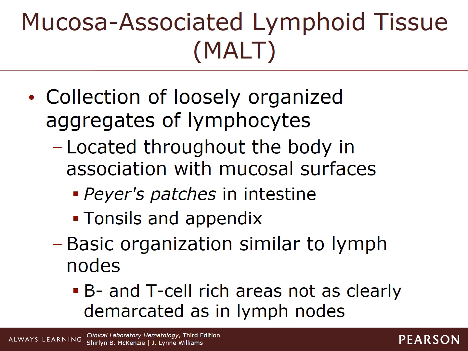The medulla is not present as a separate structure, and no capsule can be identified. In the intestine, some of these aggregates are known as Peyer's patches. Tonsils and the appendix are also part of the MALT. Its function is to trap antigens that are crossing mucosal surfaces and initiate immune responses rapidly.